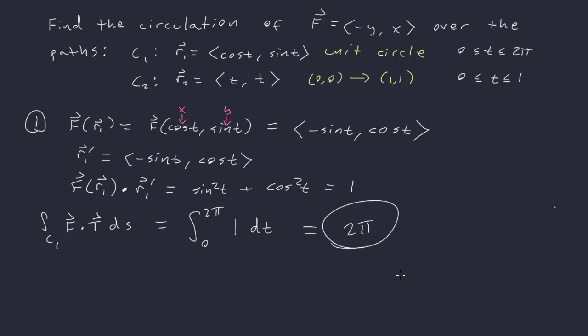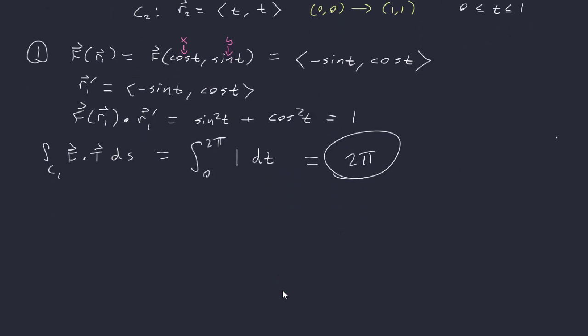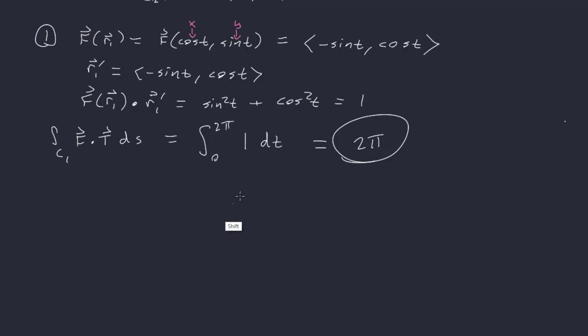Okay, well, if we remember, this was the rotation vector field. Right, so the rotation vector field along the unit circle, so here's our unit circle, but our rotation vector field behaved this way.